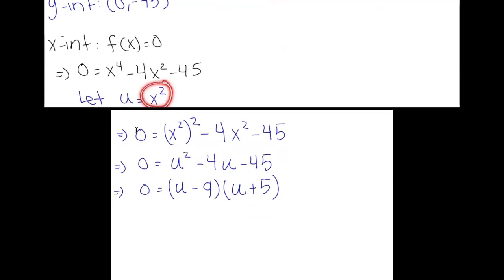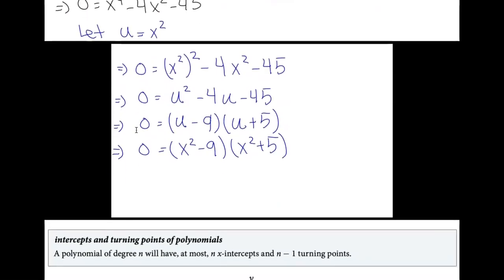So remember, u is x squared. So 0 is x squared minus 9 times x squared plus 5. I have a difference of squares here. So we have 0 is x minus 3, x plus 3, x squared plus 5.